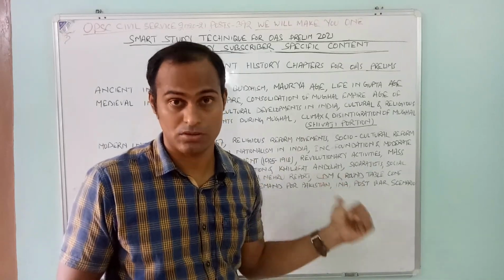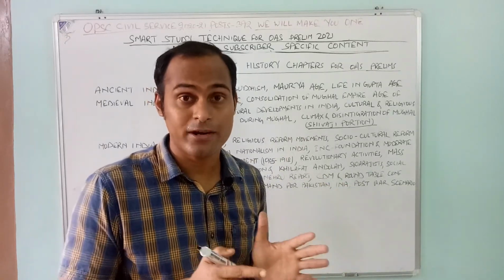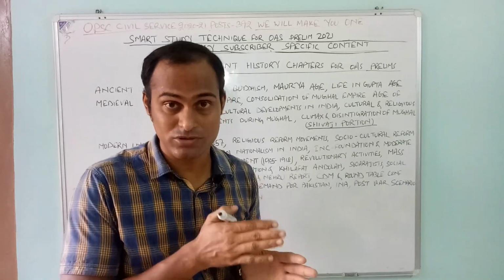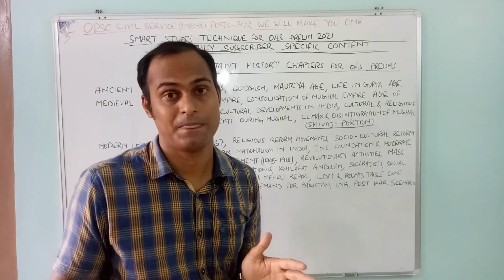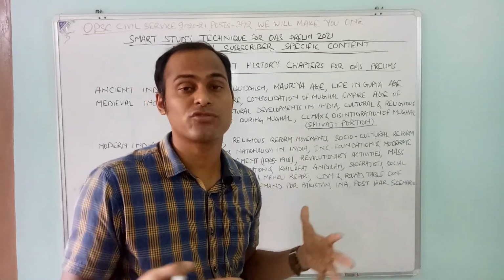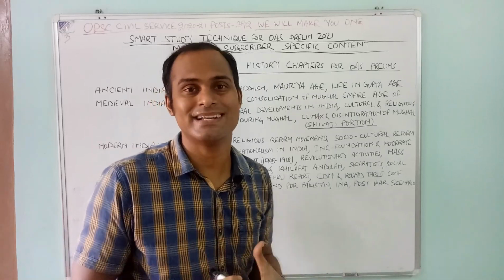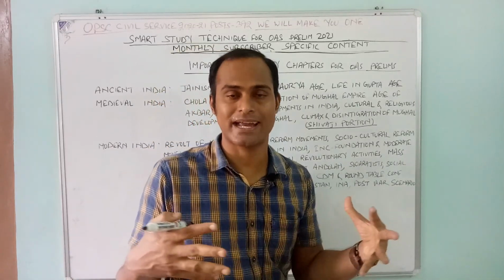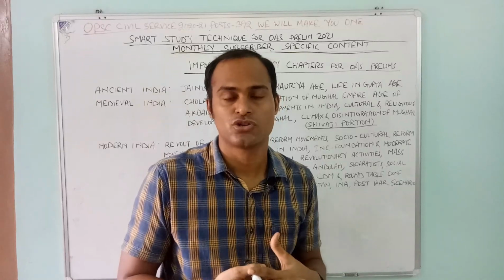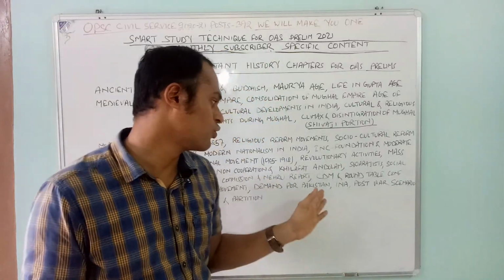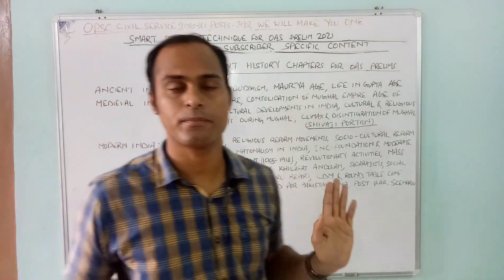After the Second World War, they were only in the process of handing over power. That was the time, and there were so many negotiations between the Indian National Congress, the Muslim League and the British. So how these things happened, you need to be thorough about this particular portion.